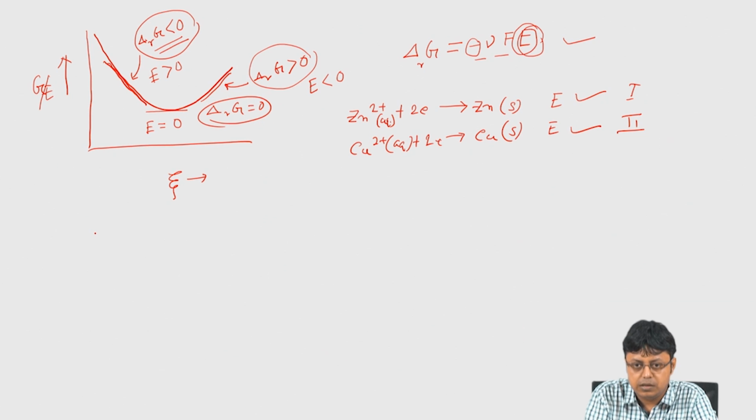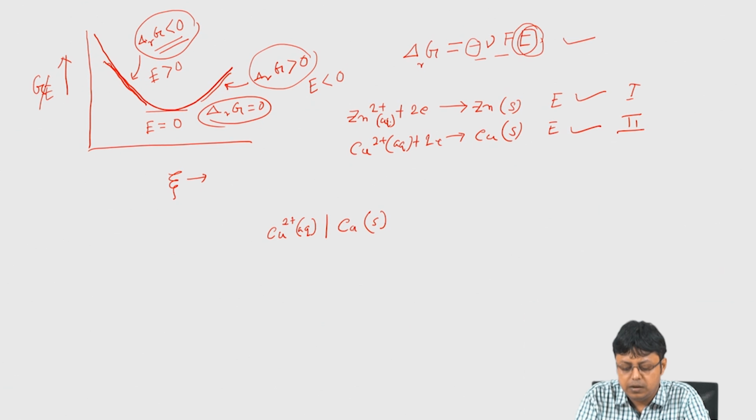Now, suppose we assume that the reaction of copper 2 going into copper is the forward reaction. Then that cathode reaction we will always write on the right hand side, with a vertical bar, and this vertical bar denotes that it is an electrode in equilibrium with its ion.